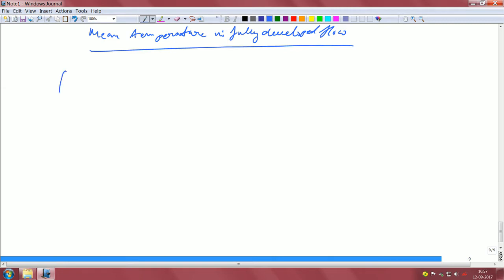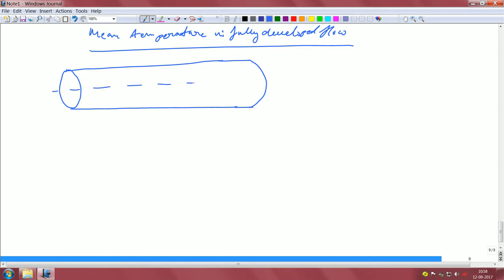Okay. So, let us take a pipe, round pipe. As I said, round pipe and ducts, they are not very different. Okay. This is of course the center line, this is of course R naught.